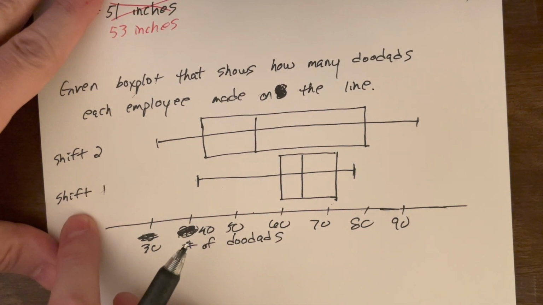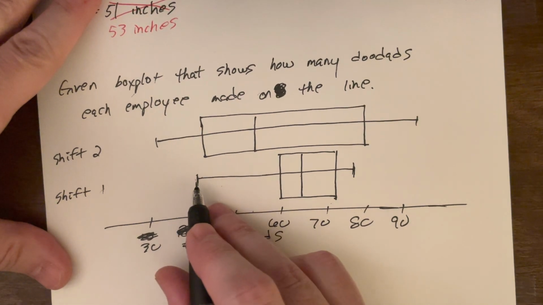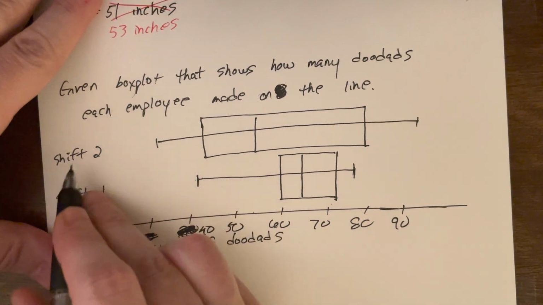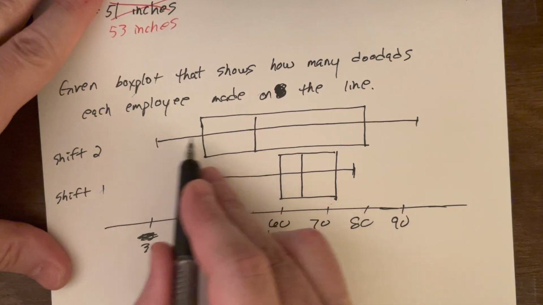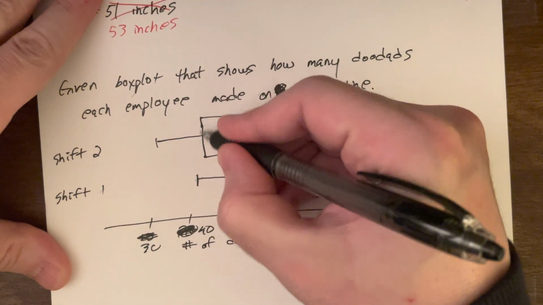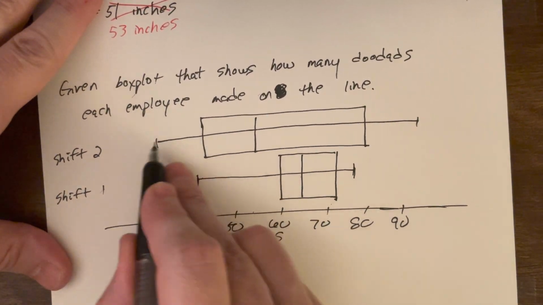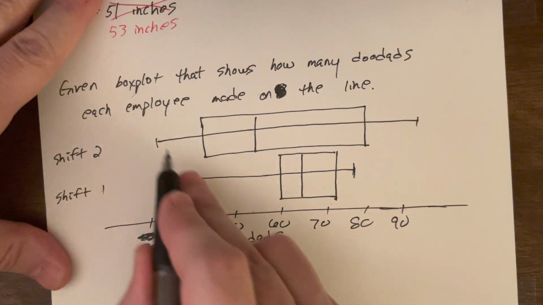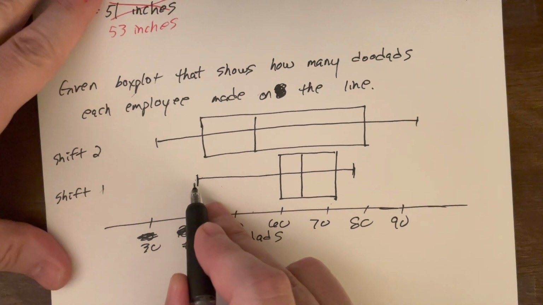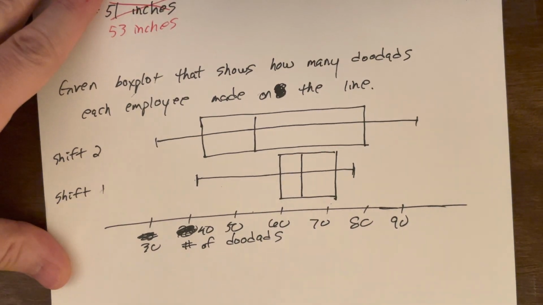That in shift 1, the lowest, I don't want to say worst exactly, but the slowest employee made 42 doodads. In shift 2, you had 25% of your employees make, again, a tiny bit more, but below 43 doodads. Your worst employee compared to your worst 25% of employees: these people are producing worse than this one person. So that's something you could focus on. That would be a positive for shift 1.